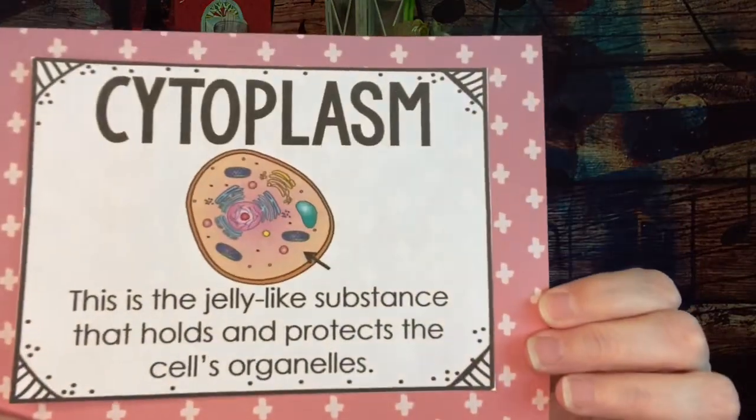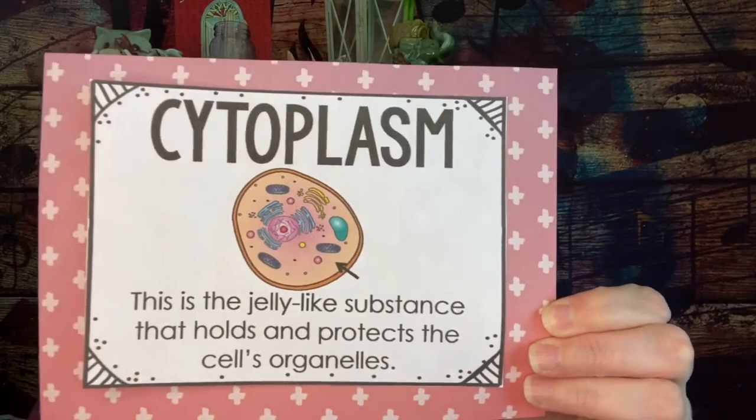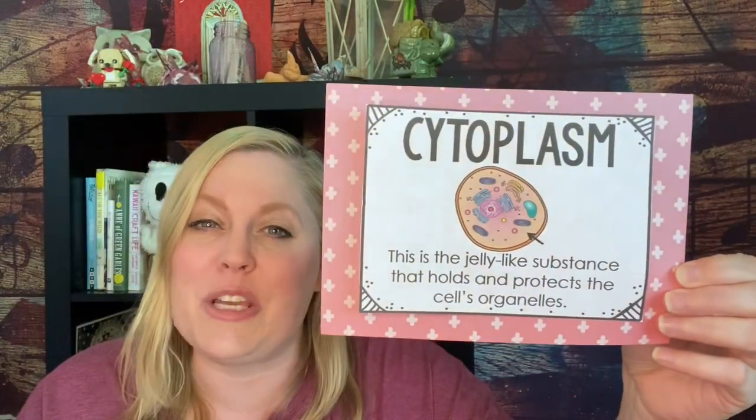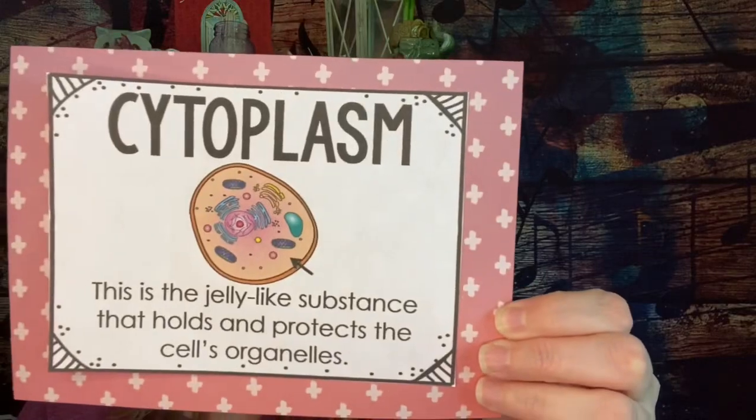So if you think of it, it's maybe a little bit like a city park where all the organelles are kind of hanging out. Okay, so let's go ahead and draw our cytoplasm. Is there much to draw? Not really. It's more like just shading in, right?